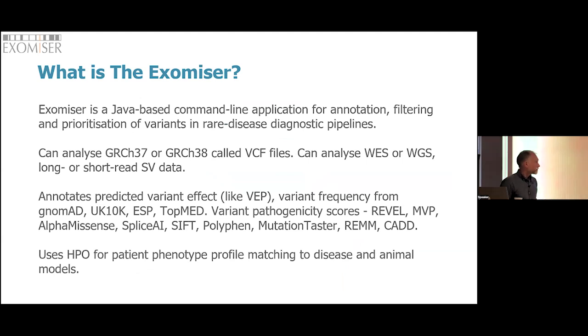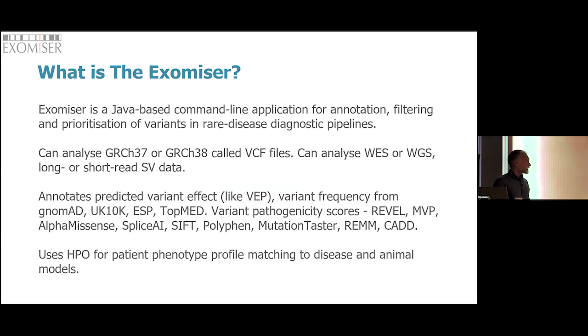There are multiple genome assemblies that you can map your variants against, and we support both GRCh37 and GRCh38. Really, anything that gnomAD supports is the gold standard we're trying to meet.